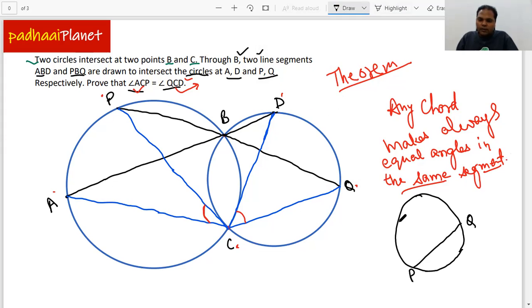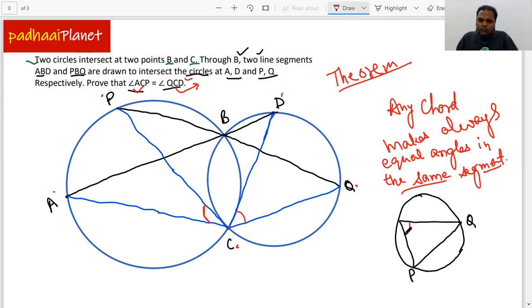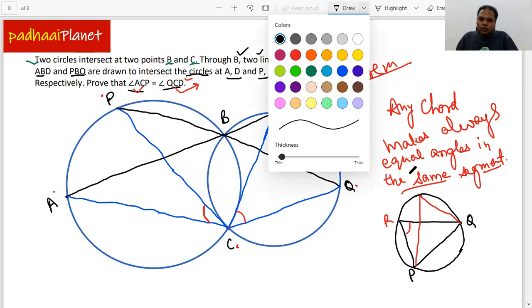This chord is making one angle like this, and the other angle which it is making is like this. Suppose this particular point is S.